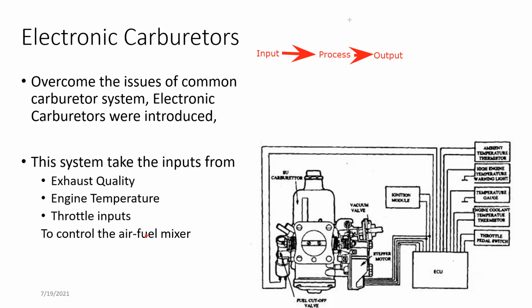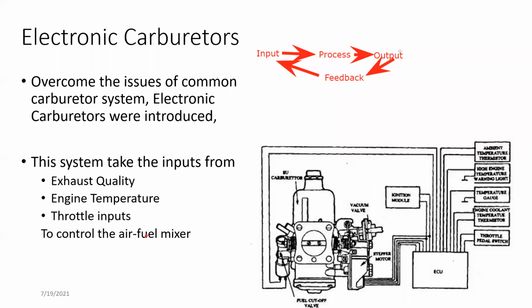But if we can get a feedback, so process, output, and from output we get a feedback, and that feedback is now controlling the input.